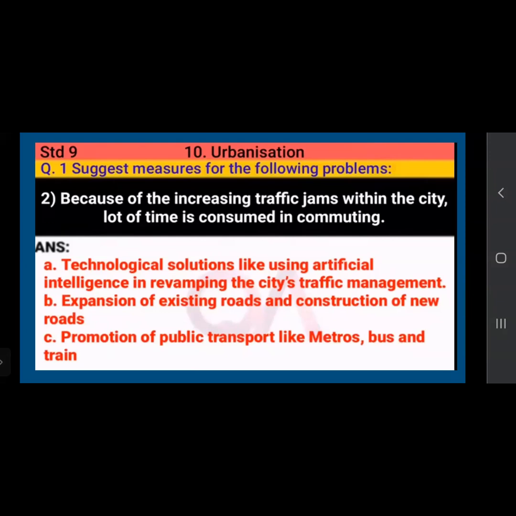Promotion of public transport like metro, bus and train. Awareness should be created among the public that they should travel by metro, bus and train and not by their private vehicles. If they use public transportation, then the traffic jam issue will be solved. There will be no such traffic jam which we are facing.